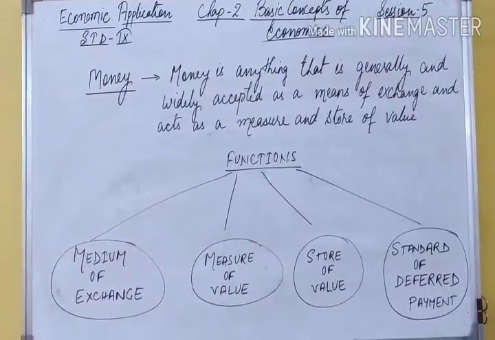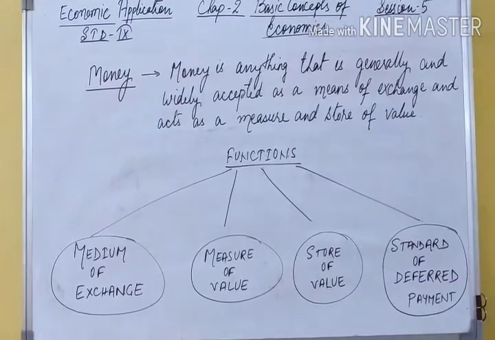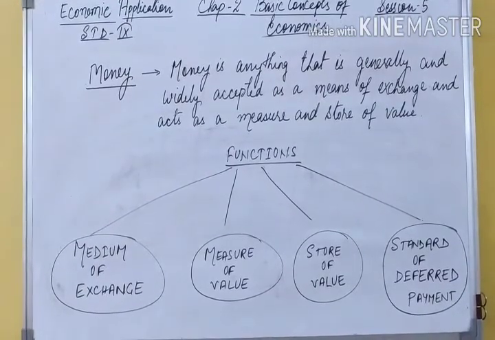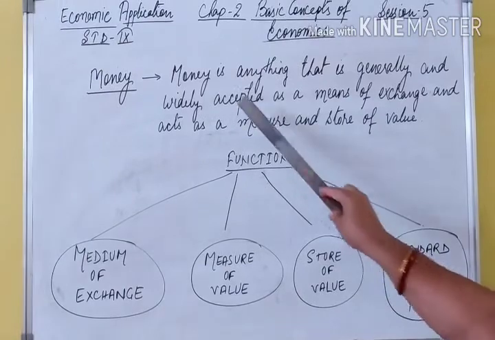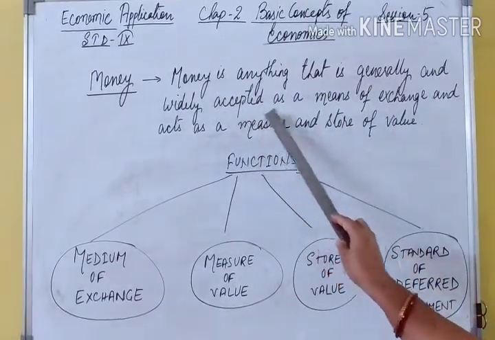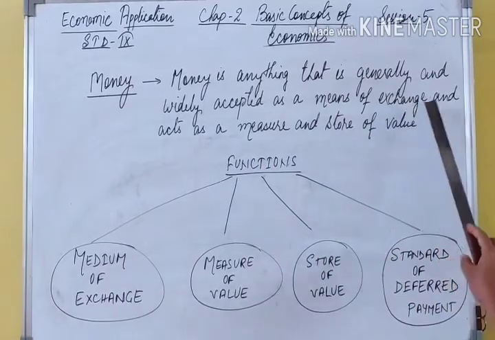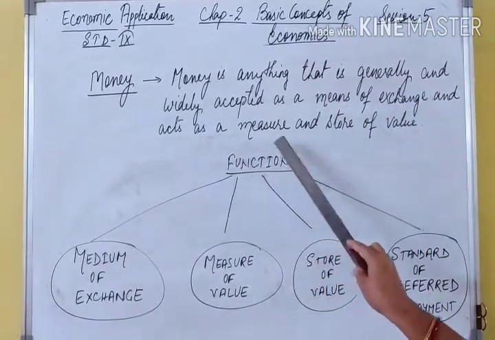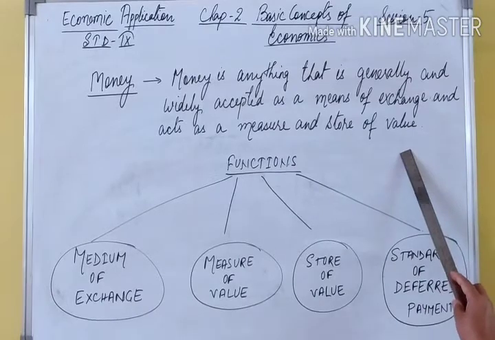Next, I move on to the concept of money. What is money? Money is anything that is generally and widely accepted as a means of exchange and acts as a measure and store of value.